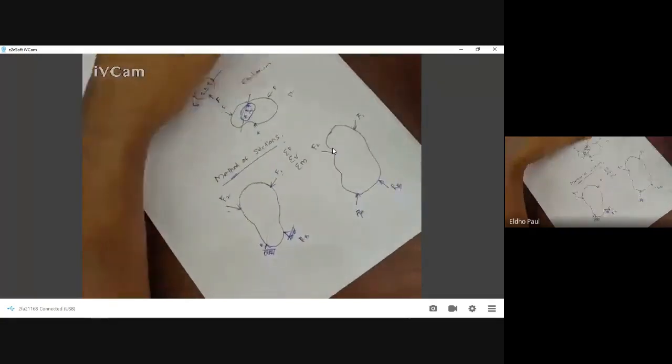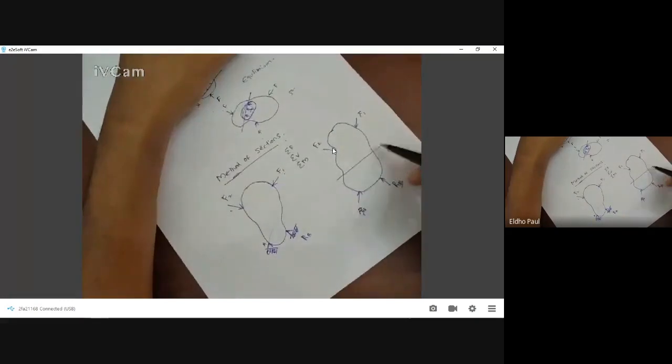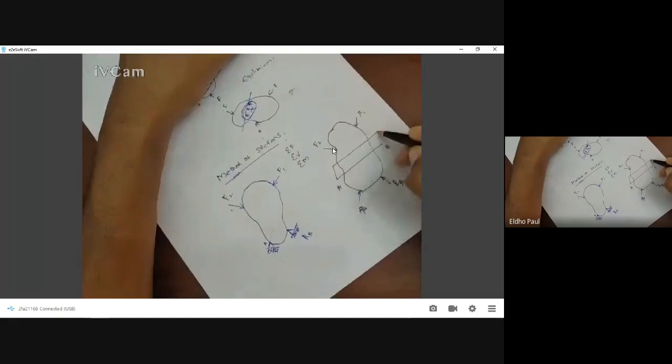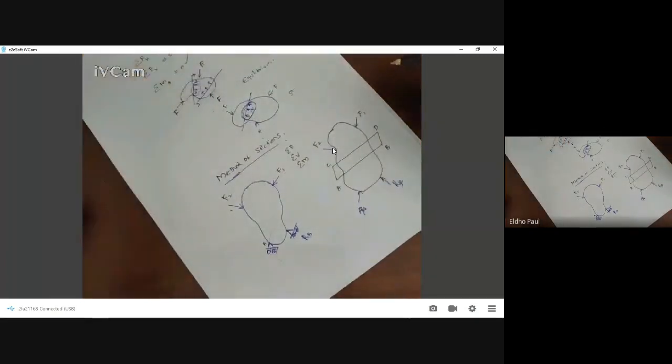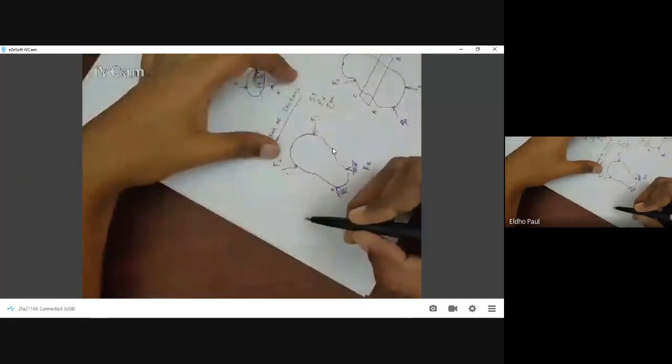And here I'm going to cut this body using a section. So this is a section A, B, C, D. I cut this body into two halves using a section A, B, C, D. This is the top half.